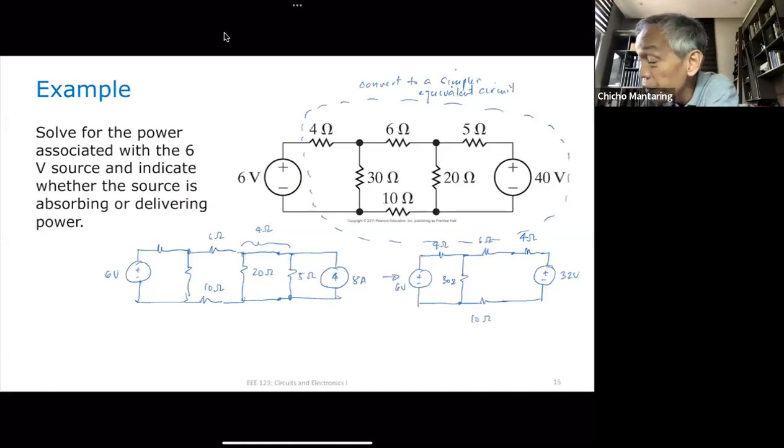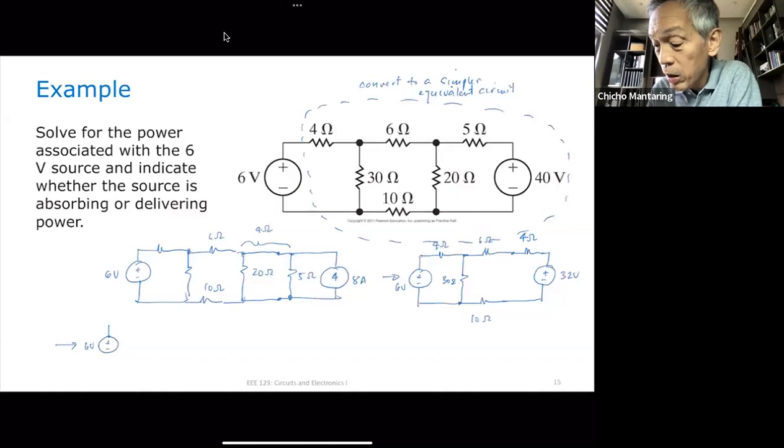And so now I have this, and this all in series. I have 6 ohms, 4 ohms, and 10 ohms that are all in series. So what's my next iteration going to be? I'm going to have my 6 volts, my 4 ohms, here I'll have my 30 ohms.